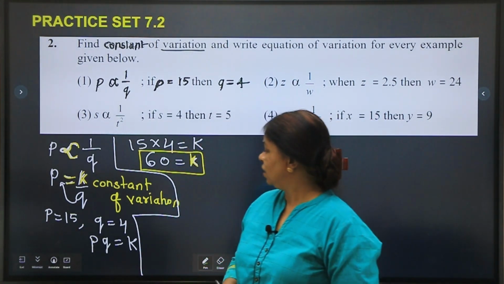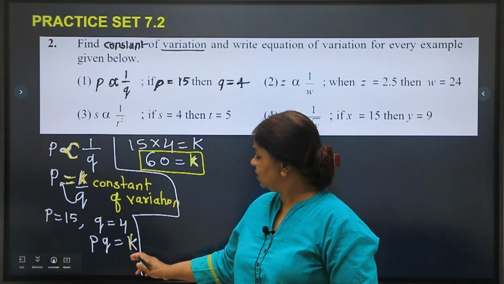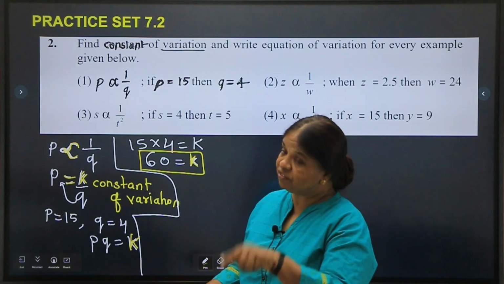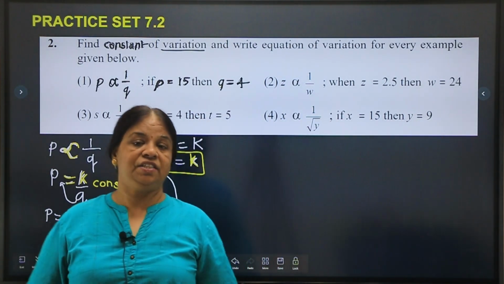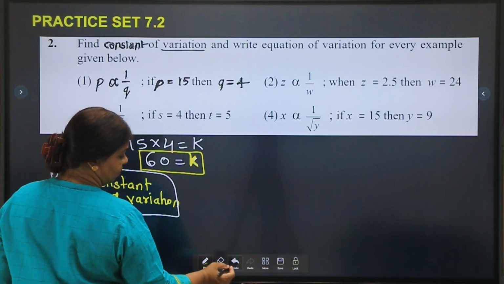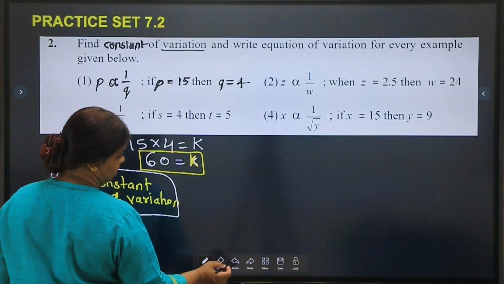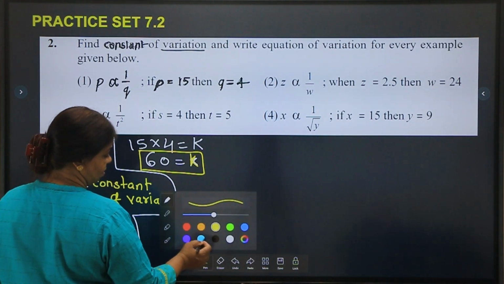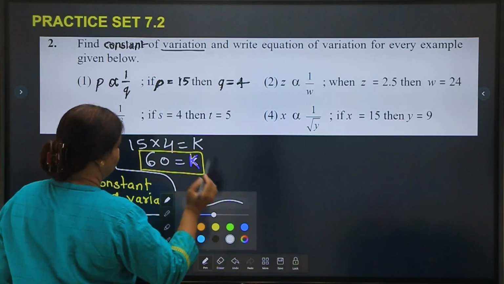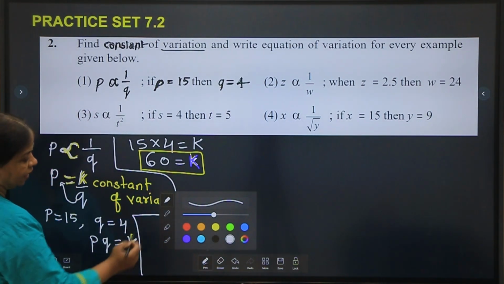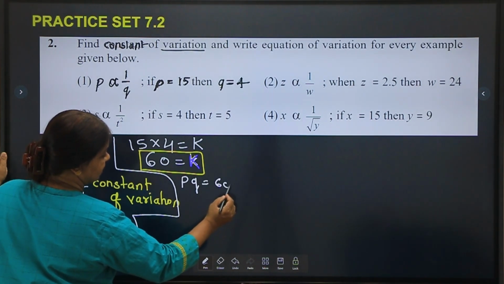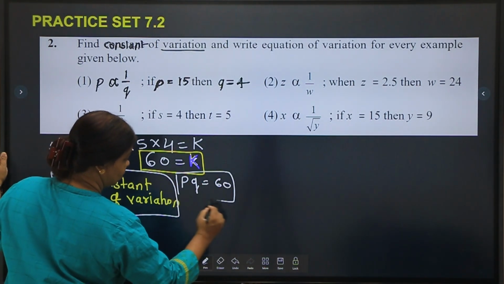And then after that, find the value of K, and after finding the value, write the equation of variation. So, once we got K value, PQ is equal to K. So, PQ is equal to 60, and this is the equation of variation.